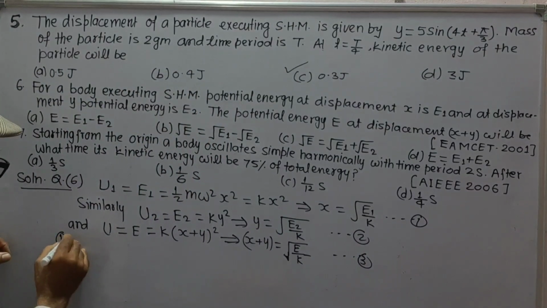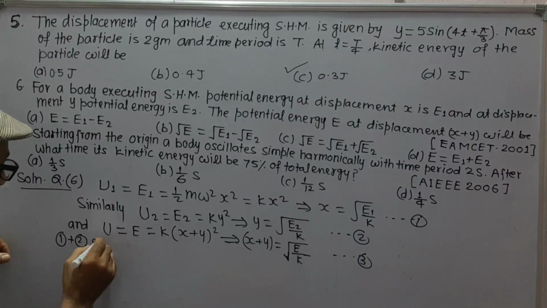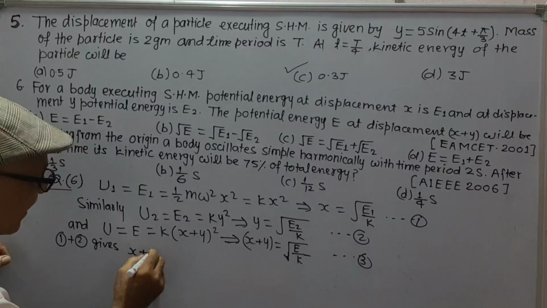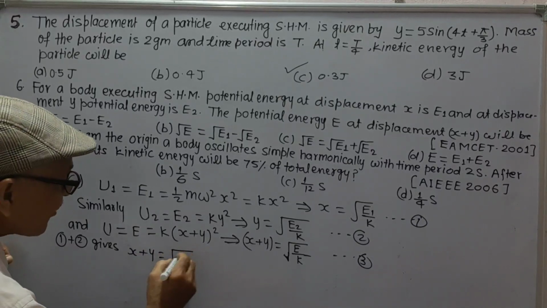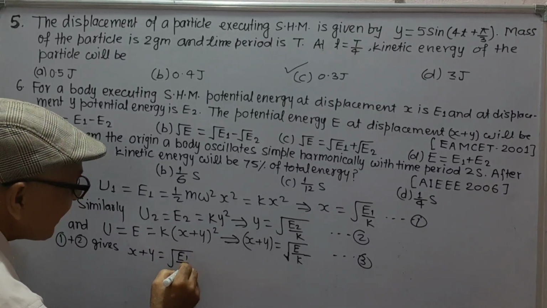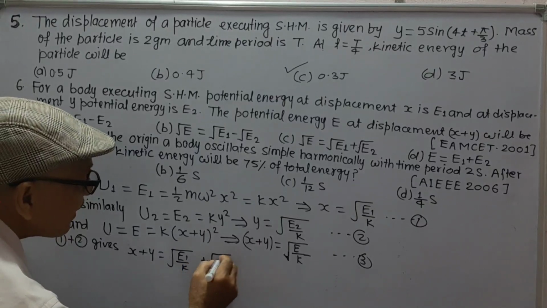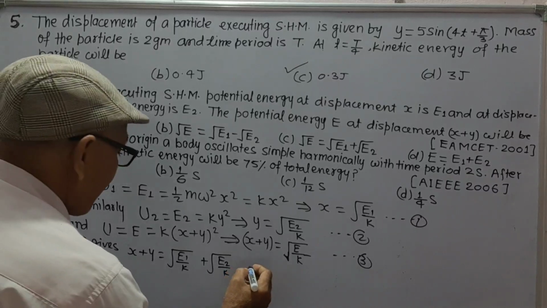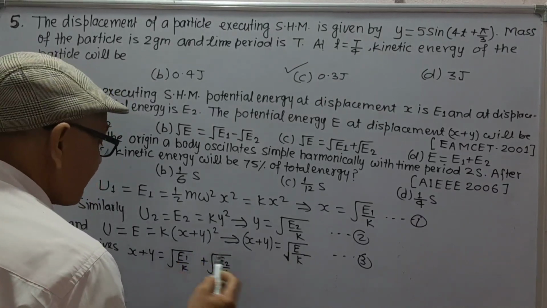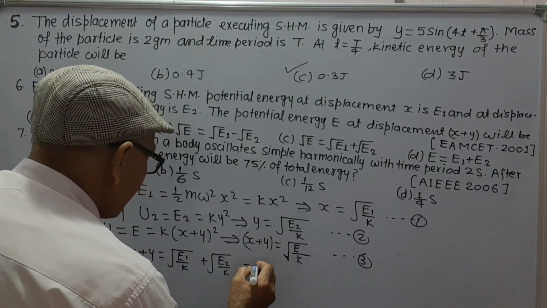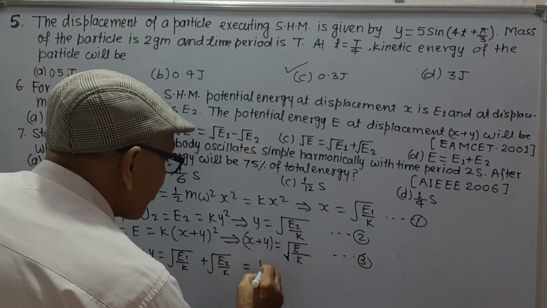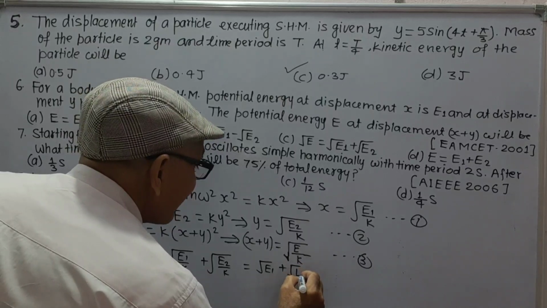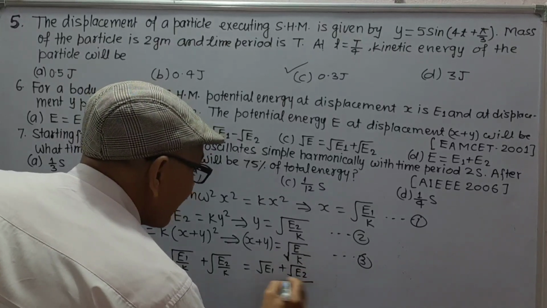Adding equation 1 and 2, we get x plus y is equal to under root E1 upon k plus under root E2 upon k, which can be written as root E1 plus root E2 upon root k.